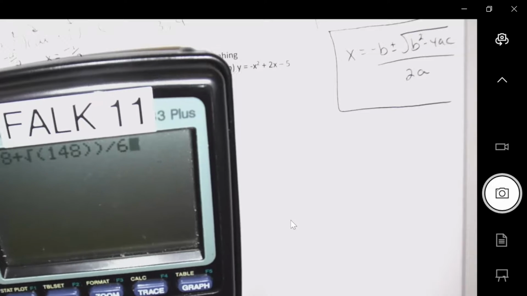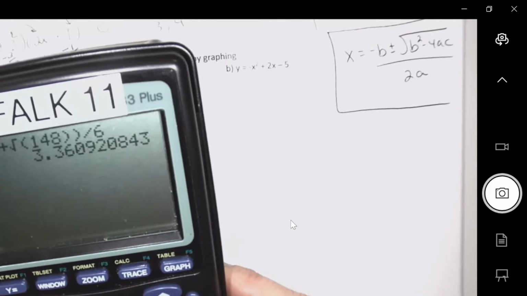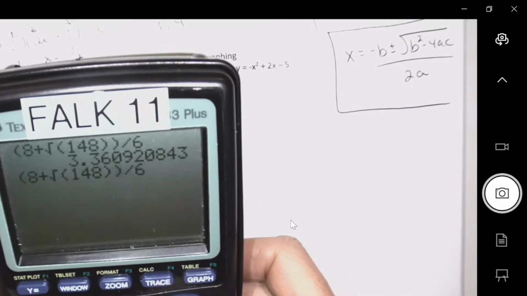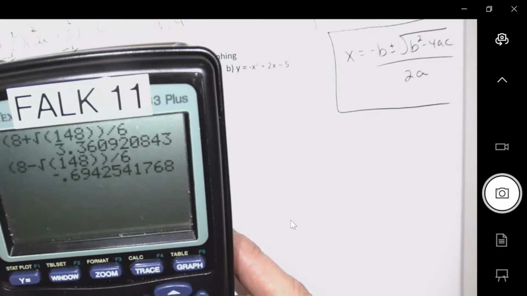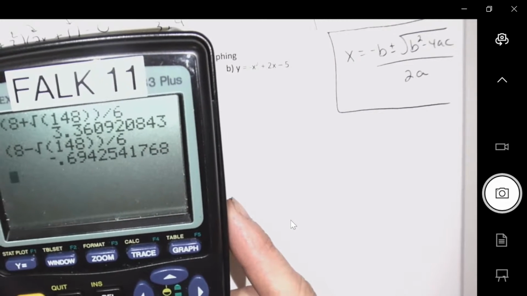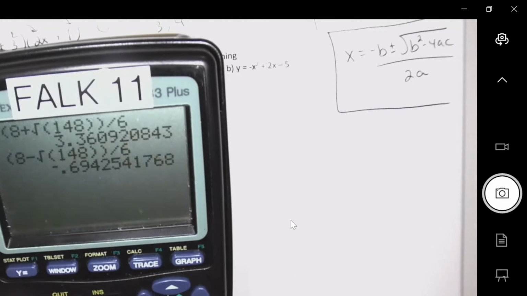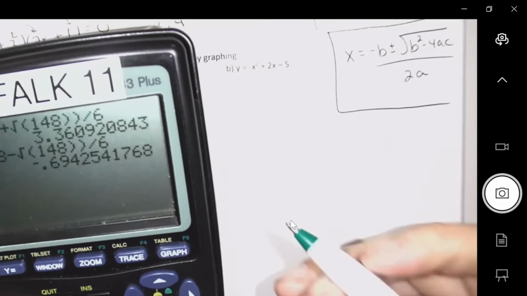You would need 2 brackets on that. And then we all know that button, second entry, brings it back to the screen, and then you can just go back and change it to subtract. So that you don't have to retype it all, you just second enter and then you go back. Okay, those are your 2 x-intercepts.